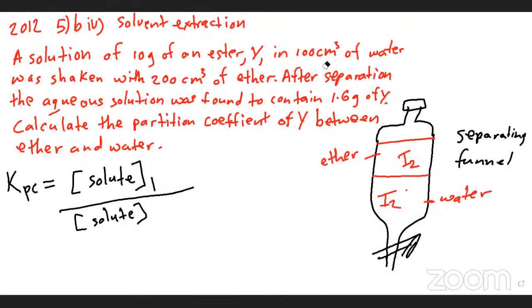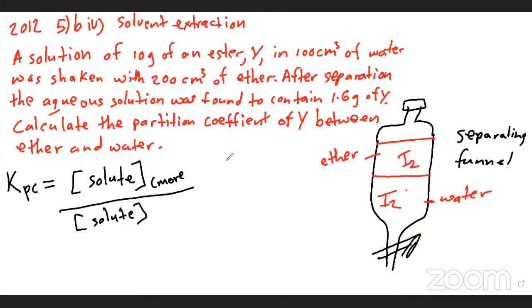The one at the top is always the more soluble one. So it's the concentration of this solute in the solvent that it is more soluble.